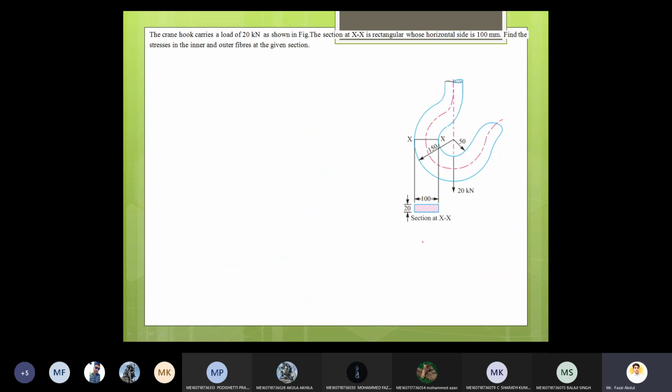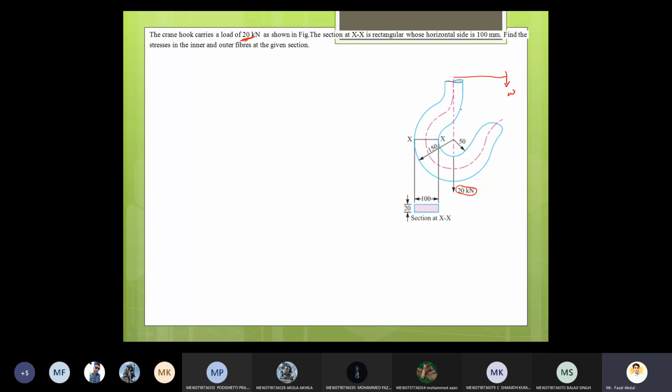So this is another problem. A crane hook carrying a load of 20 kilonewtons. See here, the load is applying at the center of curvature. In the previous problem, the load was at a distance from the center of curvature.